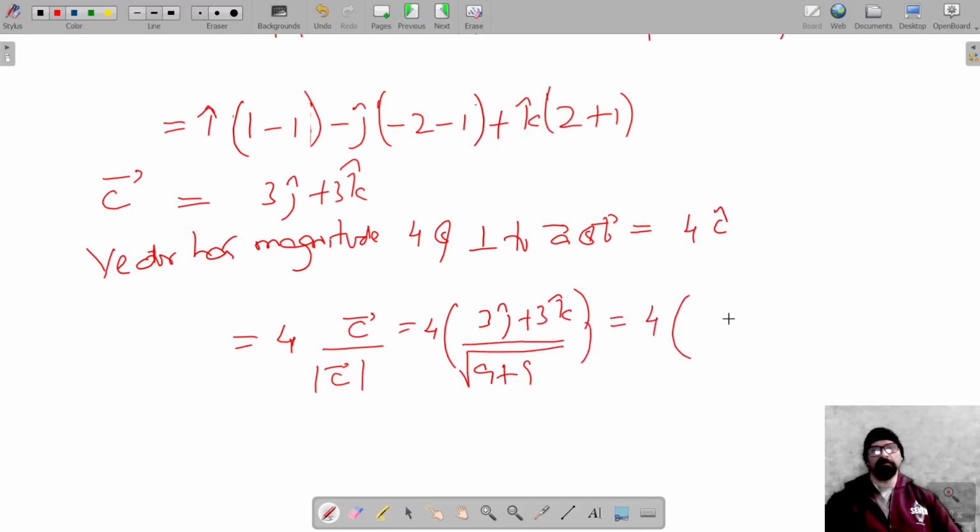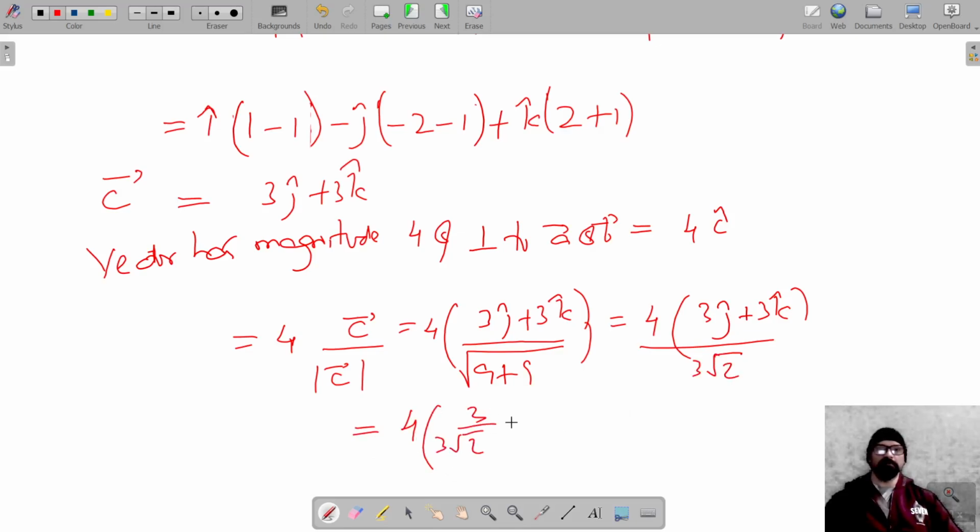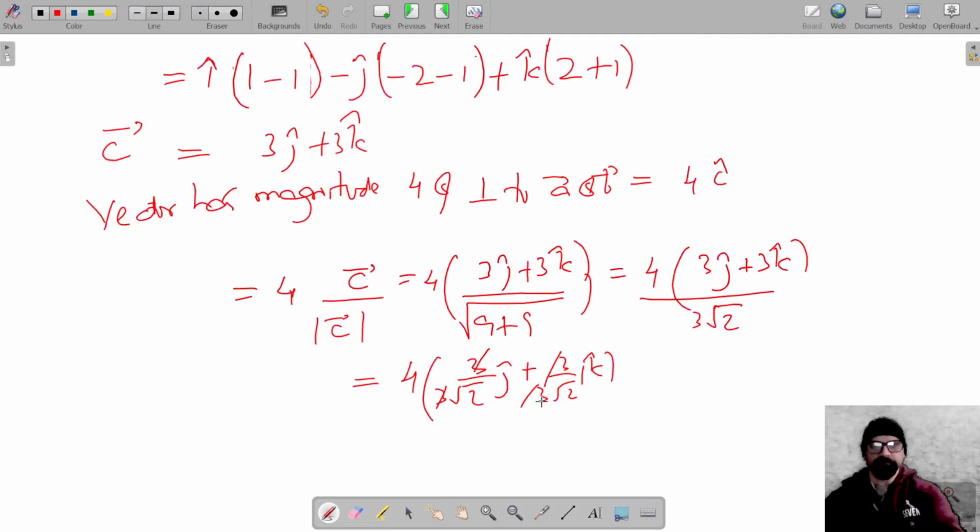This is equal to 4 into 3j cap plus 3k cap over root 18, which gives me 3 root 2. So finally, this is 4 into 3 by 3 root 2 j cap plus 3 by 3 root 2 k cap. Okay, 3 and 3 get cancelled.